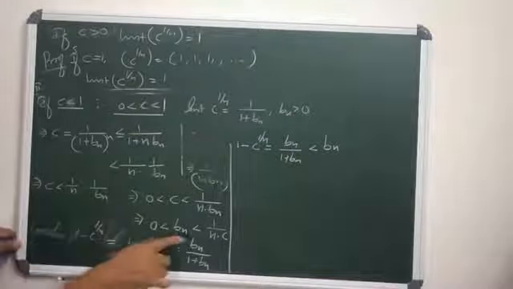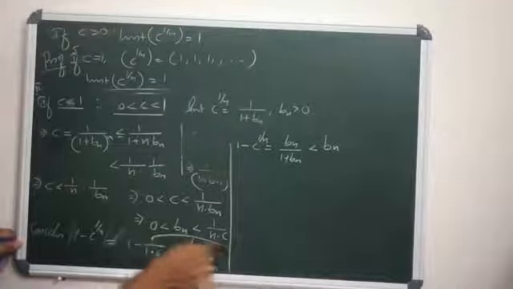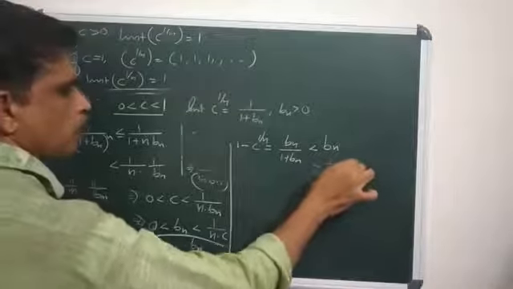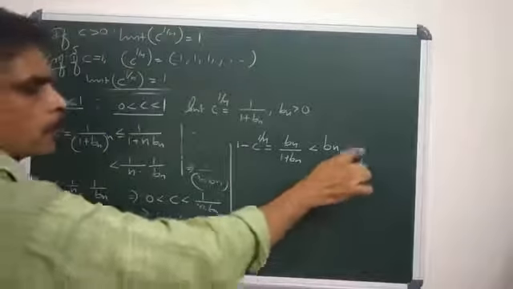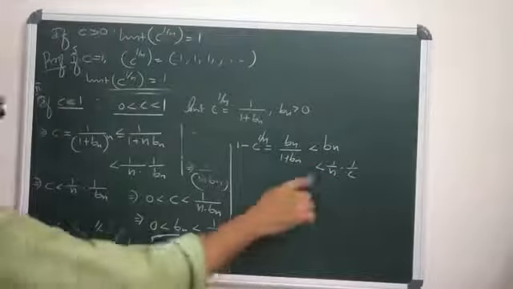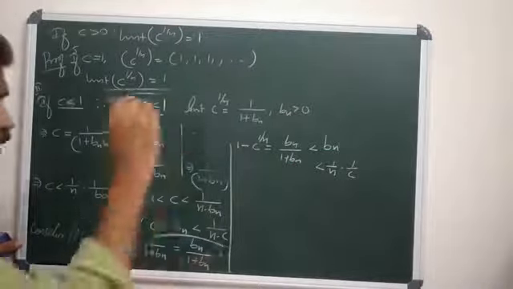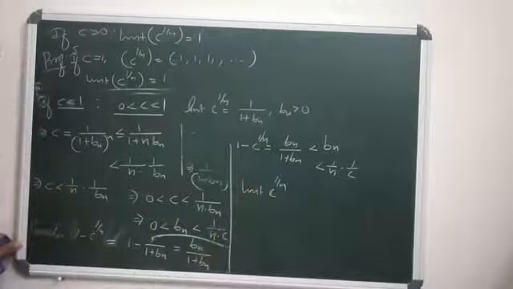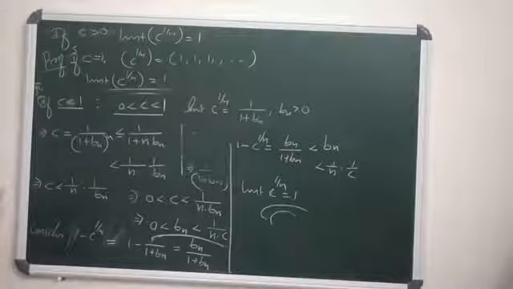It is strictly less than 1 by n into C, according to this inequality, which is 1 by n into 1 by C. Since C is positive, 1 by C is positive, and 1 by n is a sequence of positive reals with limit 1 by n equal to 0, then using that well-known theorem, limit of C power 1 by n equals... Why? Because instead of C, here it is 1 by C, which is a positive quantity.